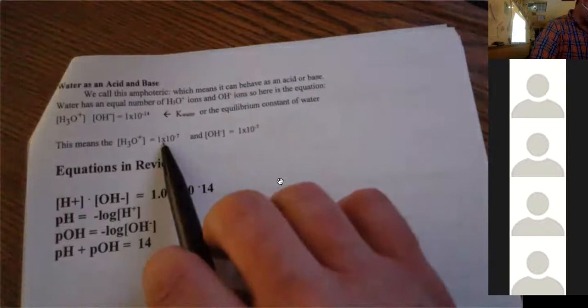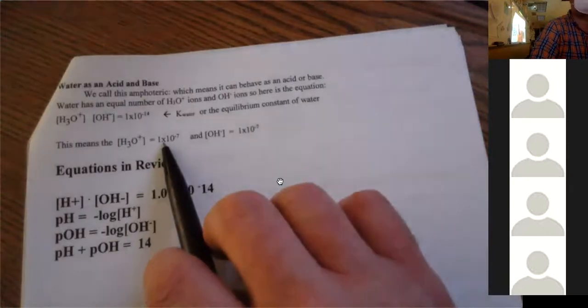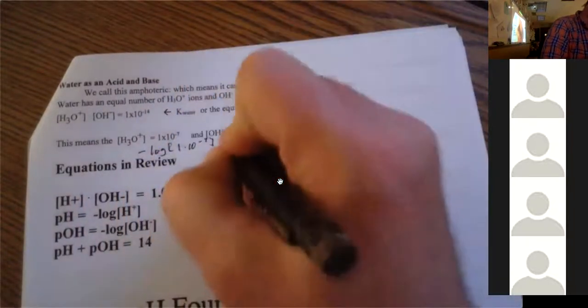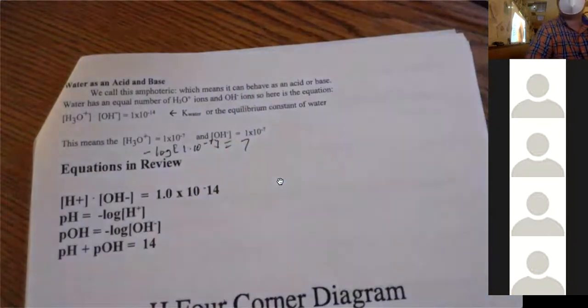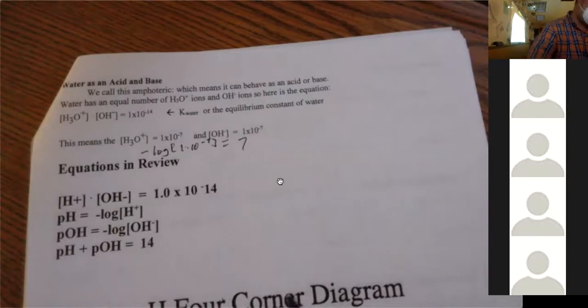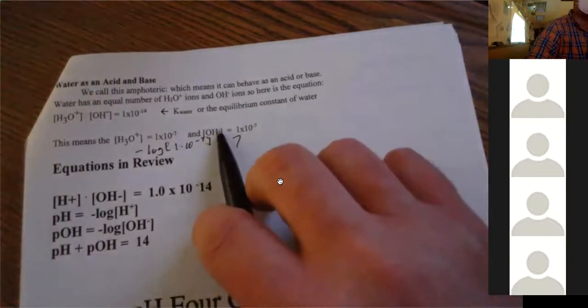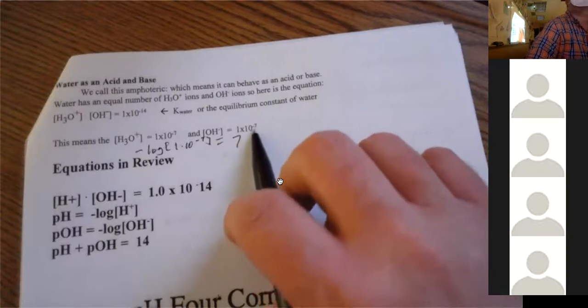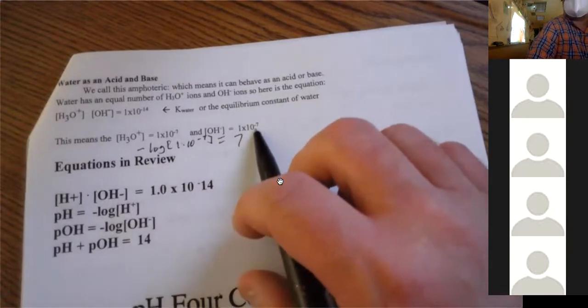What is the negative log of 1 times 10 to the negative 7? That would be 7. So the pH of water is 7. The pOH, or the negative log of the hydroxide ion concentration, or negative log of 1 times 10 to the negative 7, would also be 7.